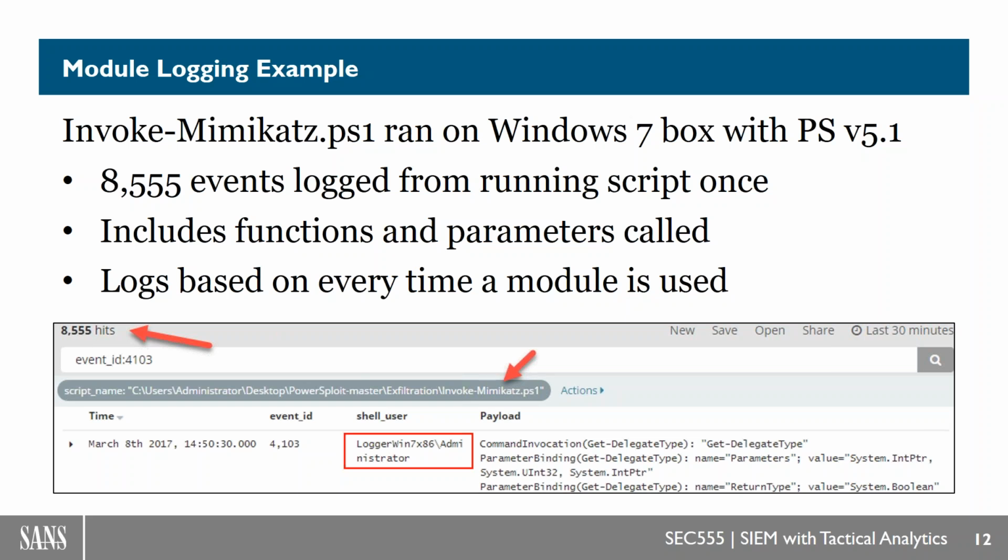That can be very important, good information for me to say, okay, that looks abnormal. That's not something I normally run in my environment. And Justin's going to show you some other ways, with whitelisting, that you can identify what are my normal parameters and my normal modules, and then look for those things that are not normal.